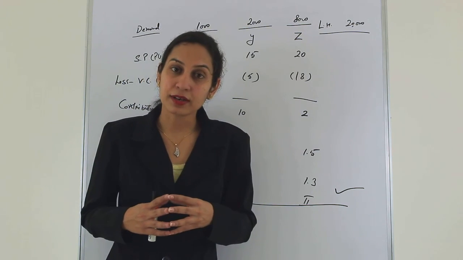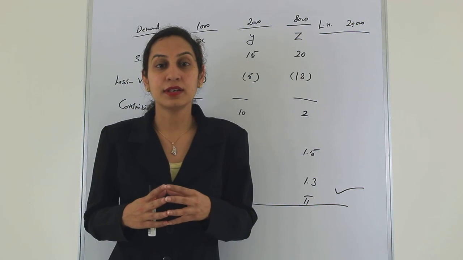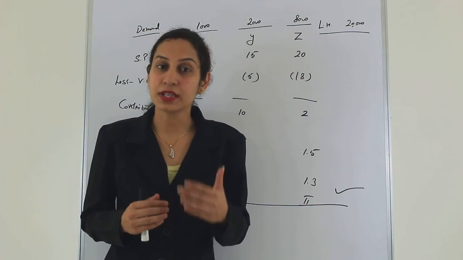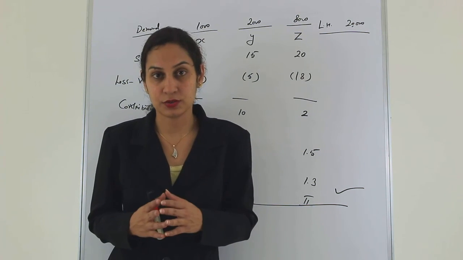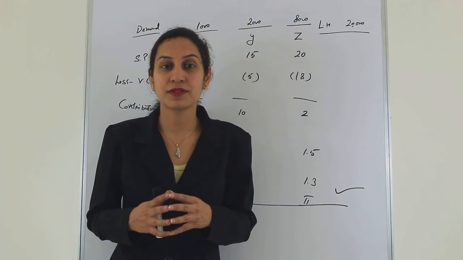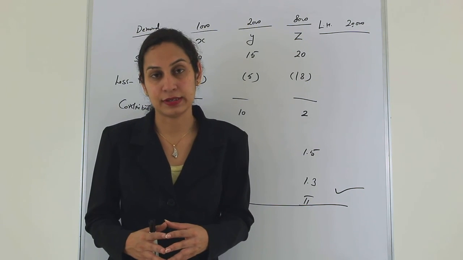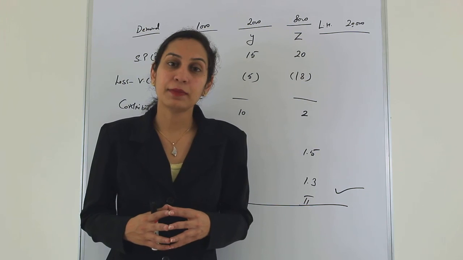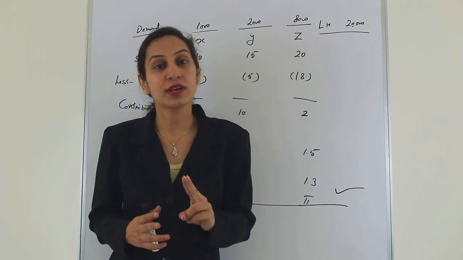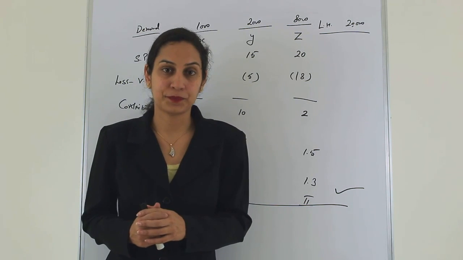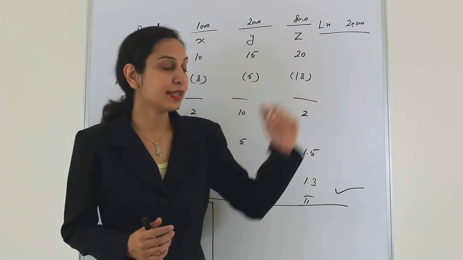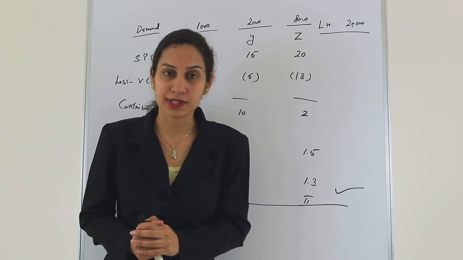In our limited factor decision, we considered the approach of highest contribution selection. So we selected the product which gives us the highest contribution. What will happen if a business has two constraints at the same time? In this example, we considered that labor hour is in short supply.